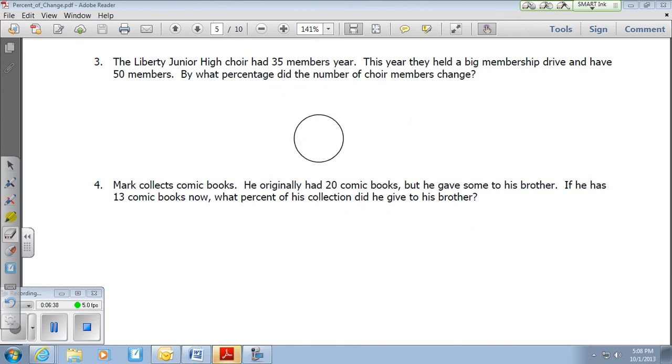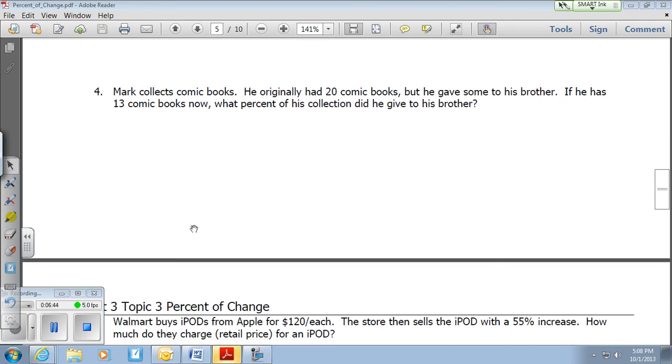All right, let's go to number 4. Mark collects comic books. He originally had 20 comic books, but he gave some to his brother. If he has 13 now, what percentage of his collection did he give to his brother? So we're looking at the percent of the decrease.